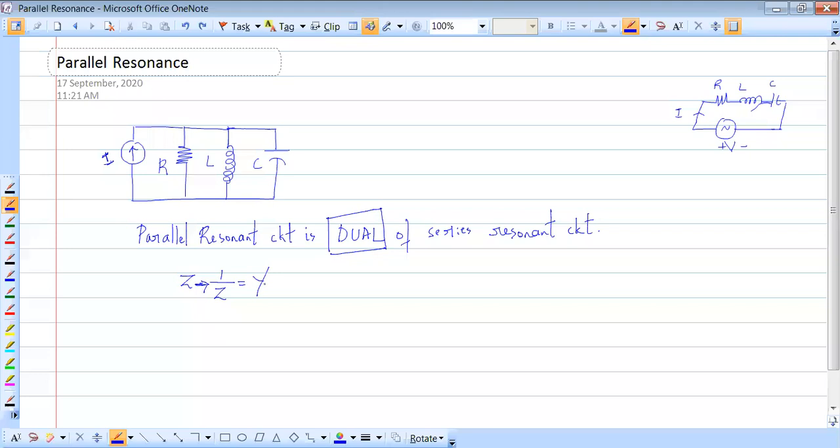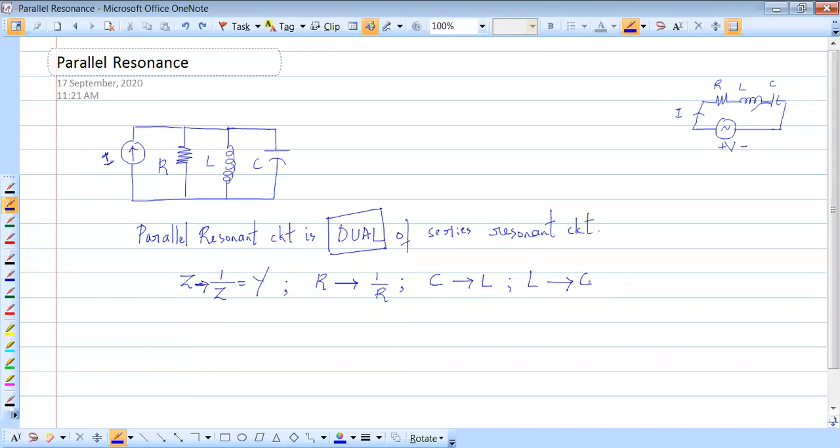Z would be replaced by 1 by Z, which means that R would be replaced by 1 by R. And if you have L in series resonance circuit, that would become C. So this is what is called the duality.